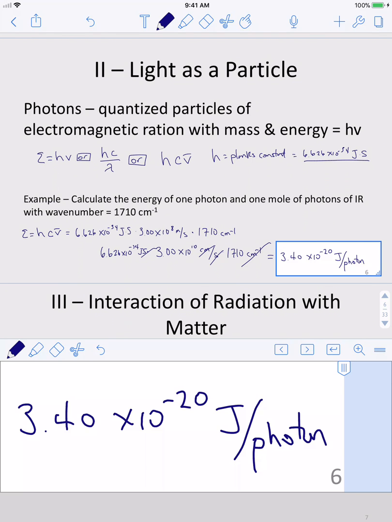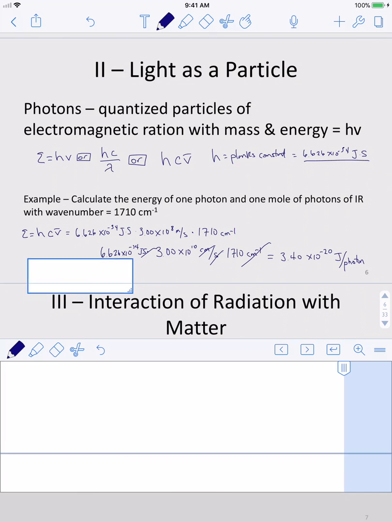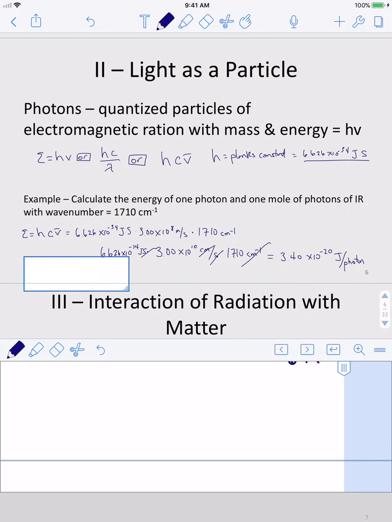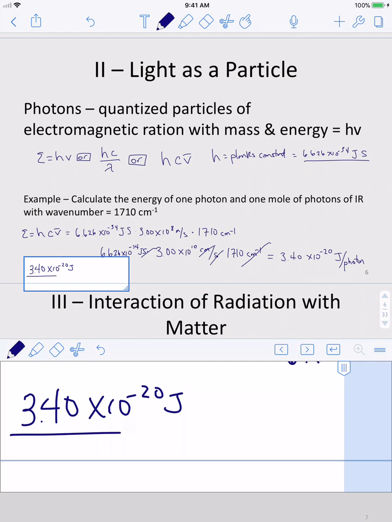Okay, so if we want to then do this calculation for a mole of photons, because many times we're looking at many photons at once, not a single photon, we would redo this calculation, start with our input from the previous, 3.40 times 10 to the negative 20 joules per one single photon.